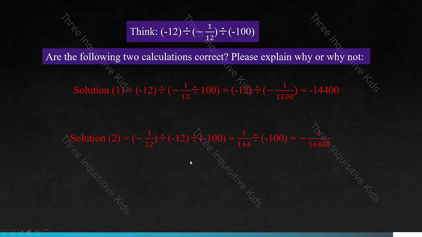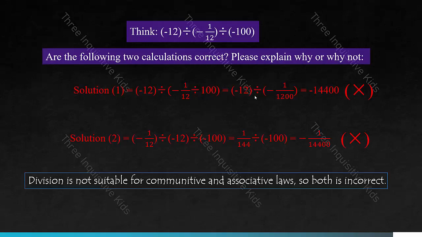You can see that in the first solution, they tried to group the -1/12 and the 100 together. And for the second solution, they tried to swap the order of the terms around. The solution for the first problem is incorrect because in division you cannot just group terms together, you have to go from left to right. And solution 2 is also incorrect because you can't just swap the order. So the commutative and associative laws cannot be used for division.